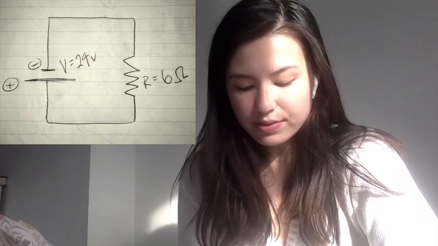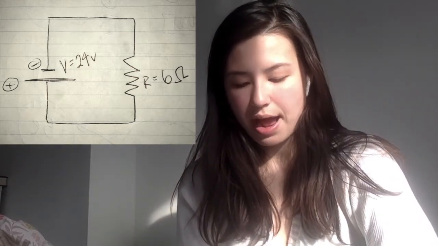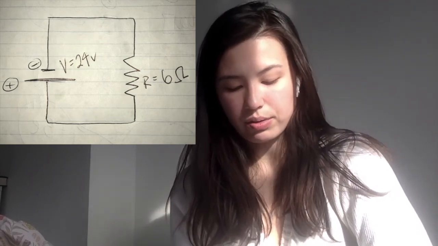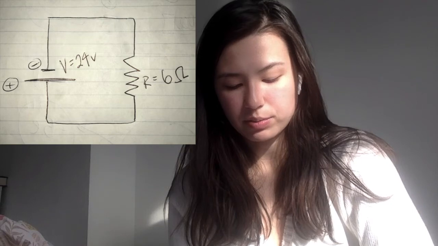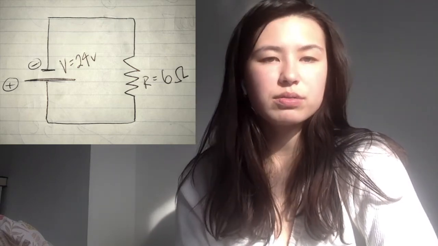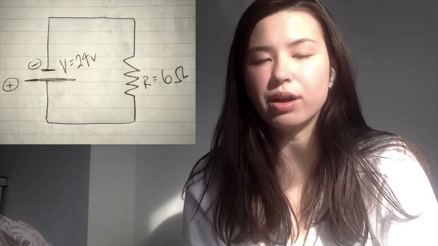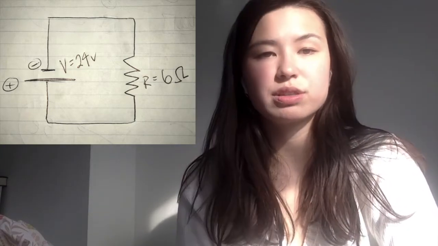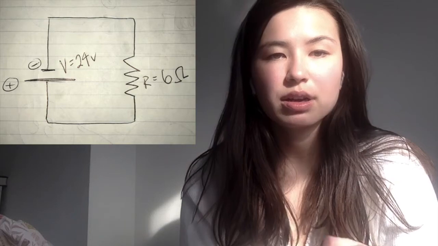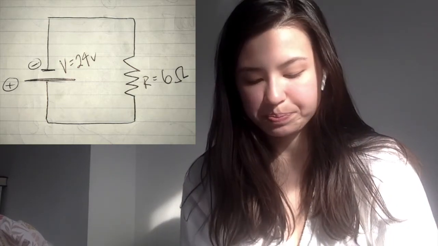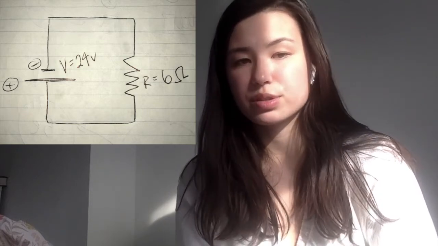So if we give these electrons a path, they will actually travel all the way around to the positive terminal. So make sure you just know that if you see a circuit that's open, those electrons won't actually transfer. Only a closed circuit will allow for the transfer of electrons from the negative terminal to the positive terminal.